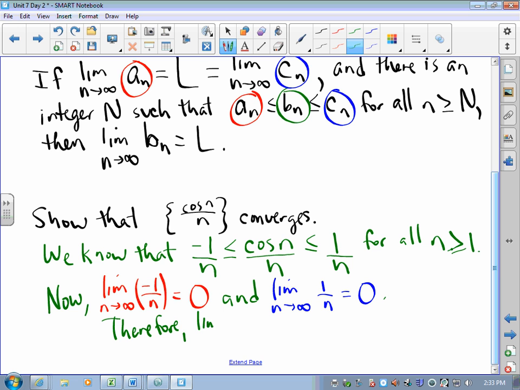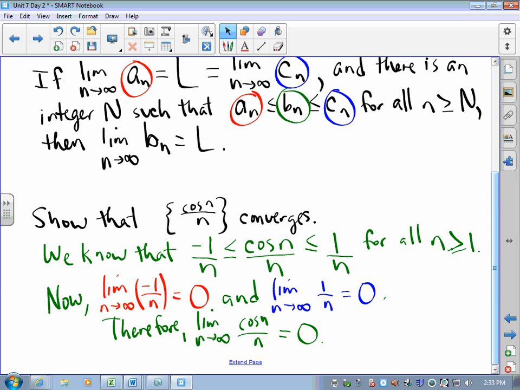Therefore, the limit as n approaches infinity of cosine n over n has to be 0, because the red sequence and the blue sequence trap our sequence, and their limits are the same, so those sequences squeeze our sequence to a limit of 0.